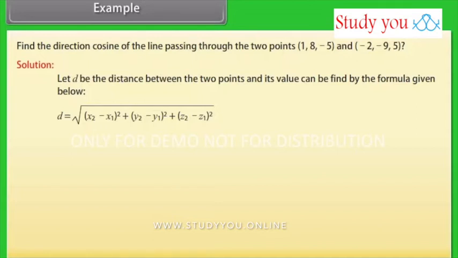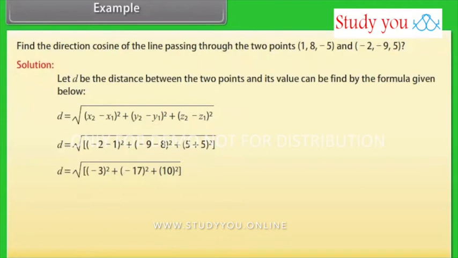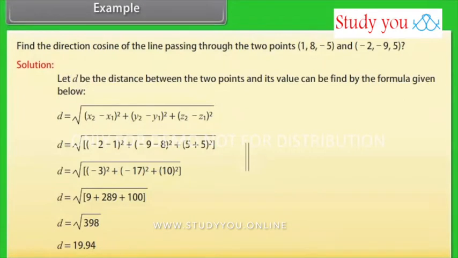d equals square root of (minus 2 minus 1) square plus (minus 9 minus 8) square plus 5 square. d equals square root of (minus 3) square plus (minus 17) square plus 10 square. d equals square root of 9 plus 289 plus 100. d equals square root of 398. d equals 19.94.